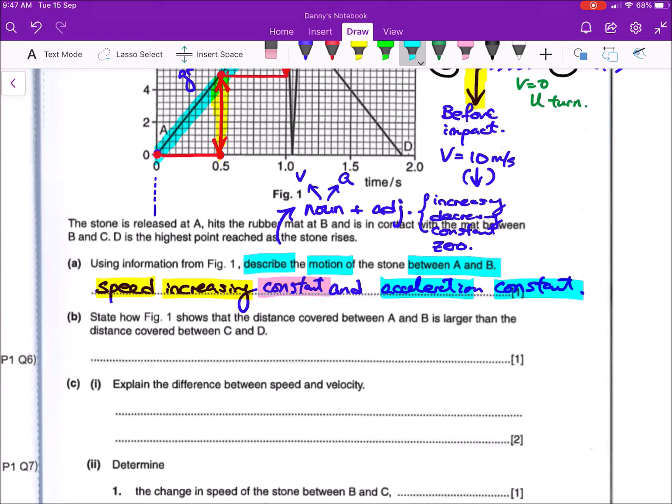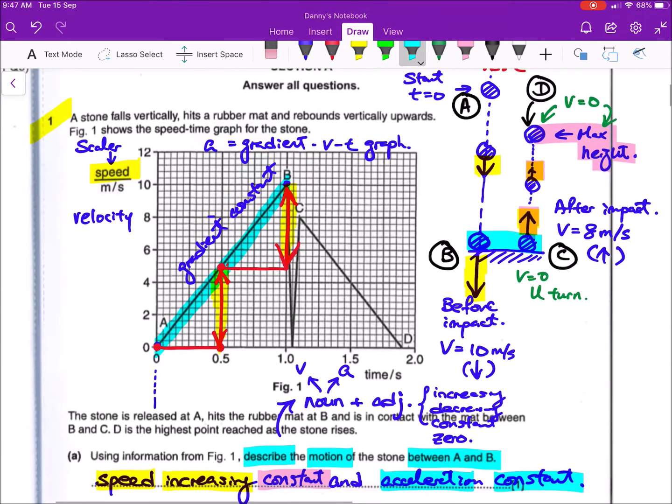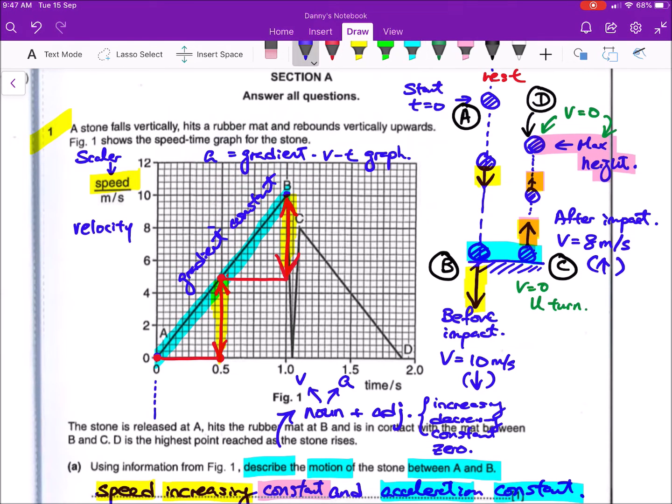In part B, state how this figure shows that the distance between AB is larger than CD. Another thing about the VT graph is that the distance or the displacement is given by the area under the line or under the graph, depending on your textbook. So if I look at this, the area between AB, B is until 1.